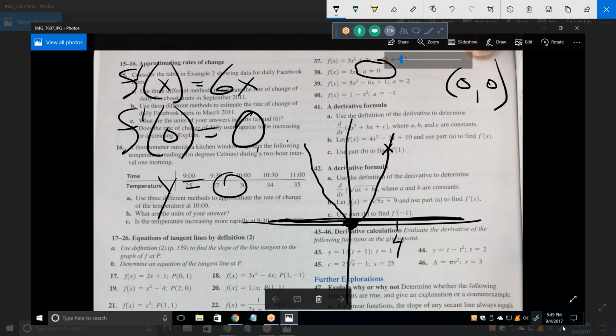All vertical lines are x equals something. So if I say, what's the equation of the x-axis? It's y equals 0. If I say, what's the equation of the y-axis? It's actually x equals 0. Okay? So be careful of that one. I'm glad we did that problem. Okay, and we graphed it. We drew the tangent line. On to the next one.